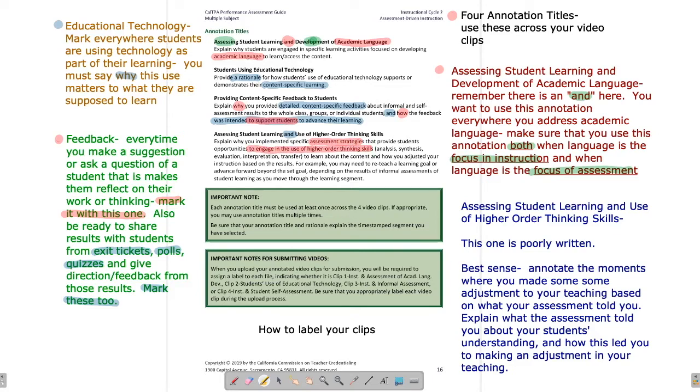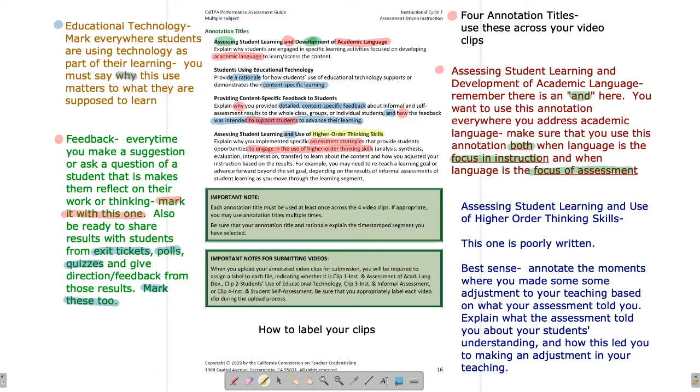Okay, so to learn about the content and how you adjusted your instruction based on the results. For example, you may want to reteach a learning goal or advance forward beyond the set goal depending on the results of informal assessments of student learning as you move them through the learning segment. This last piece doesn't go back to higher order thinking skills. Like I said, I have some trouble with this one. My take on it, and you should ask other folks if you're not quite clear on it.